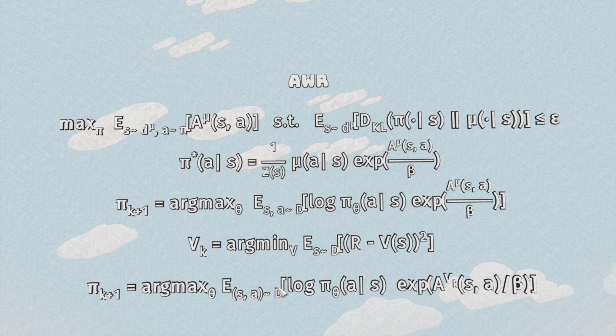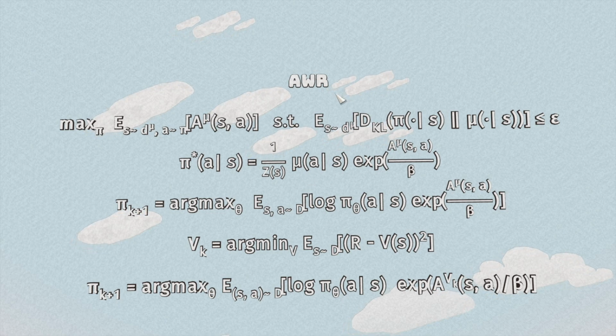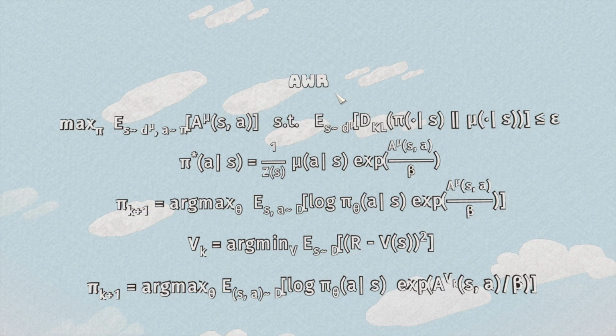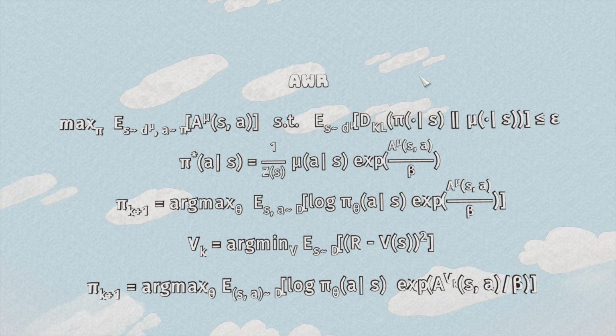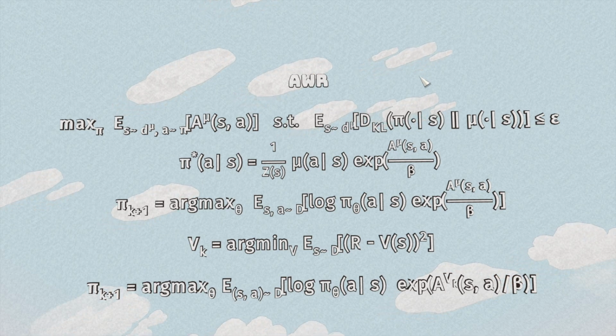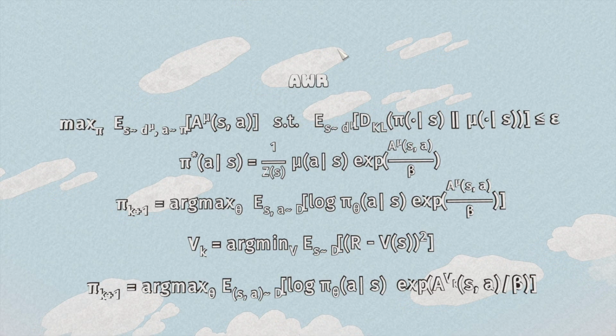The temperature beta stays fixed, as we said, and the buffer stays uniform. The value baseline is fit by TD lambda regression. AWR is an alternation between value regression and policy regression with exponentiated advantage weights, built from supervised learning. The same Lagrangian and projection approach that produced MPO's closed form q star produces AWR's closed form pi star.